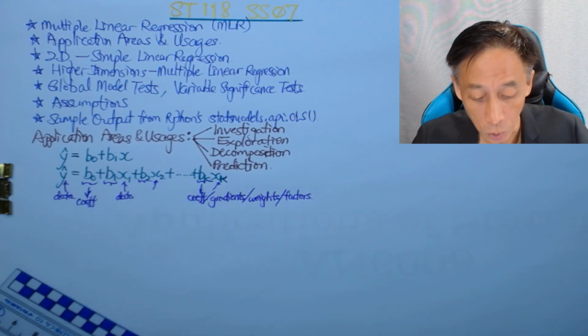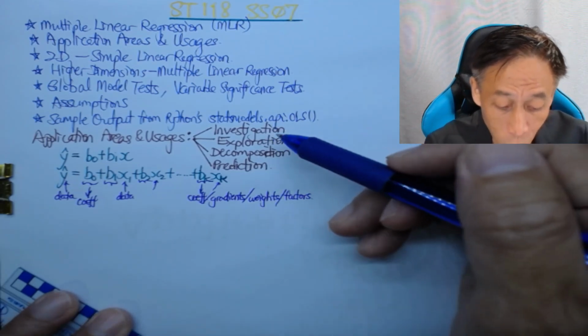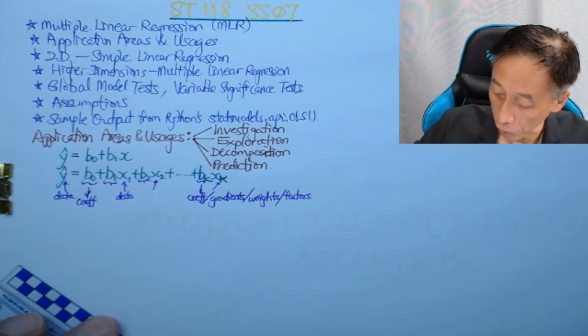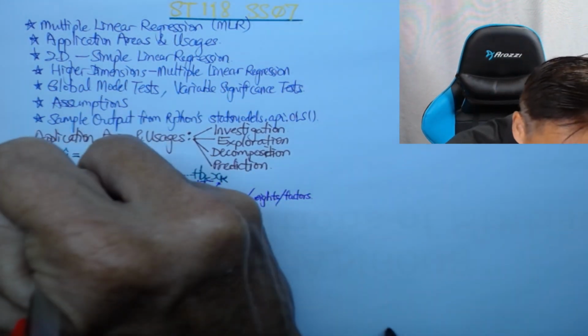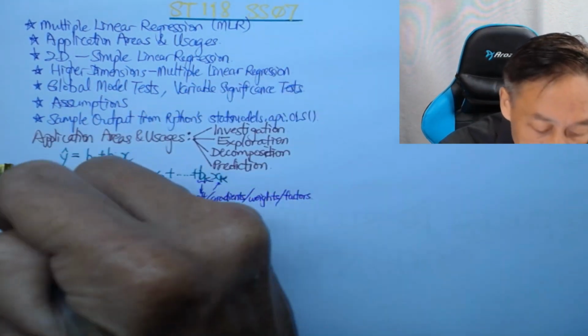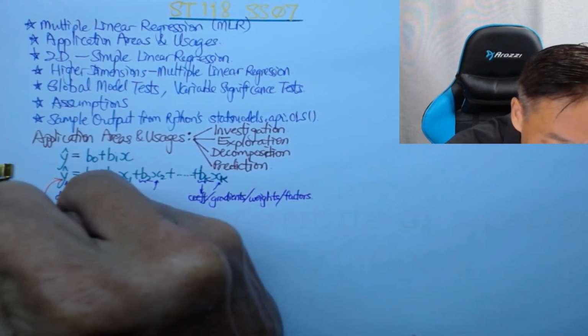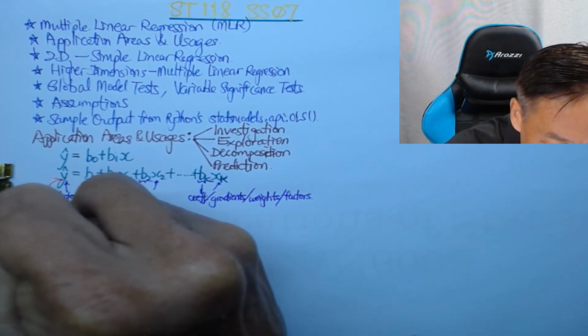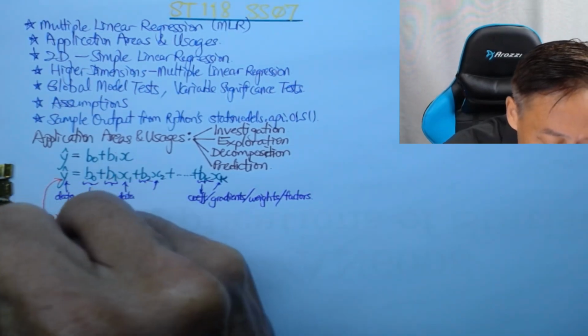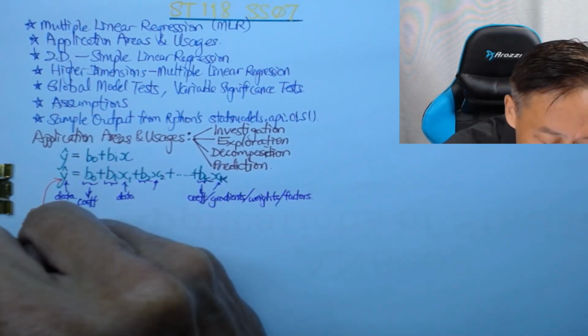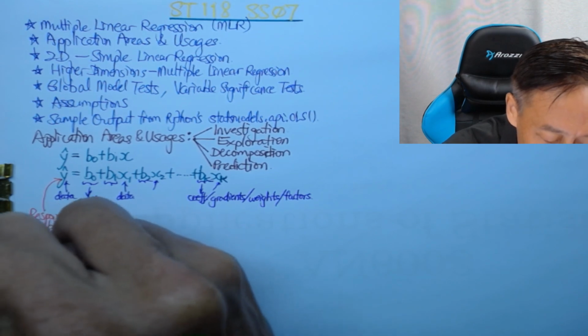In that sense, when we're doing investigation, we want to, wait, let me also give a name to this. This is called the response variable. Some textbooks will call it the dependent variable, which is something I am irked at.